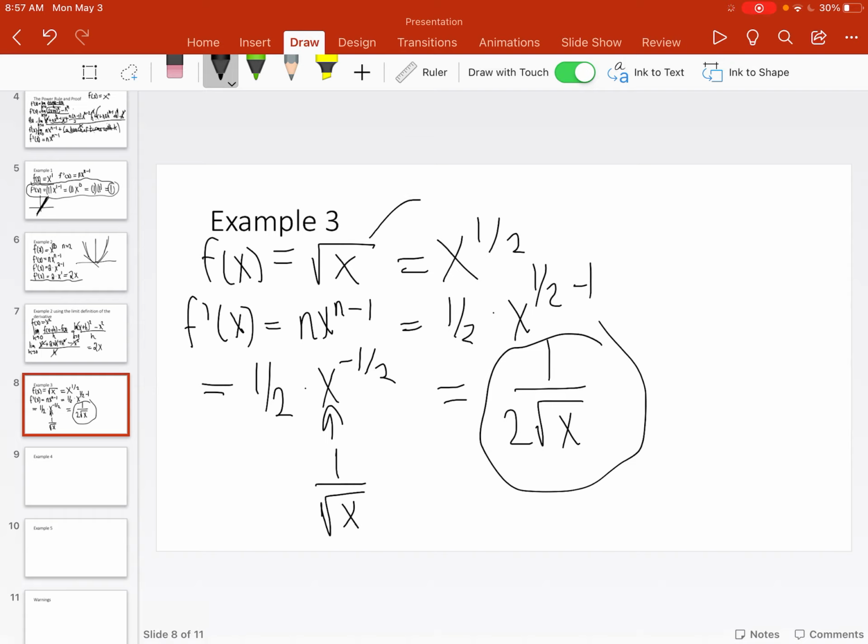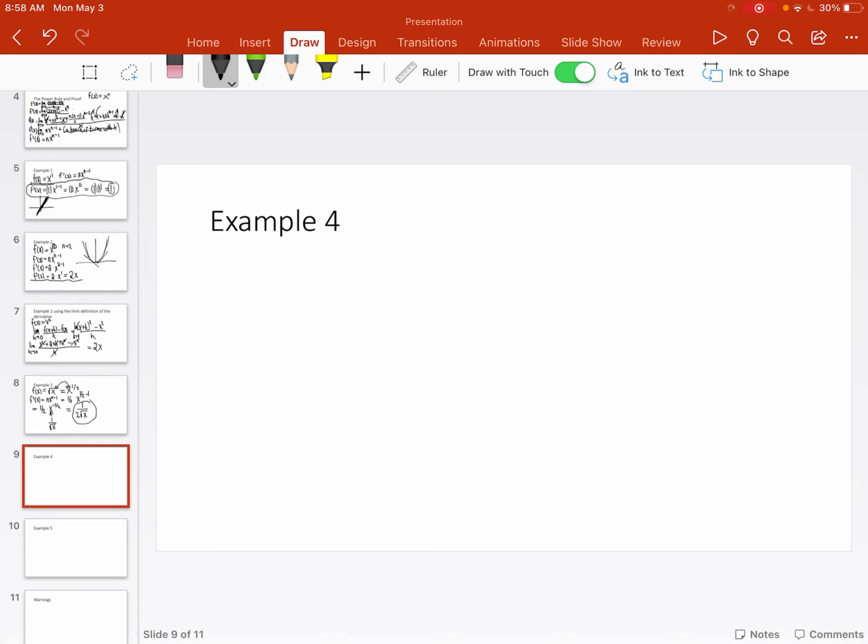So, like I said, strong pre-calc skills, to be able to recognize that root x is just x to the half. It's very important that you are able to instantly see this, especially as you go deeper and deeper into calculus. So let's do a slightly more complicated but similar example.